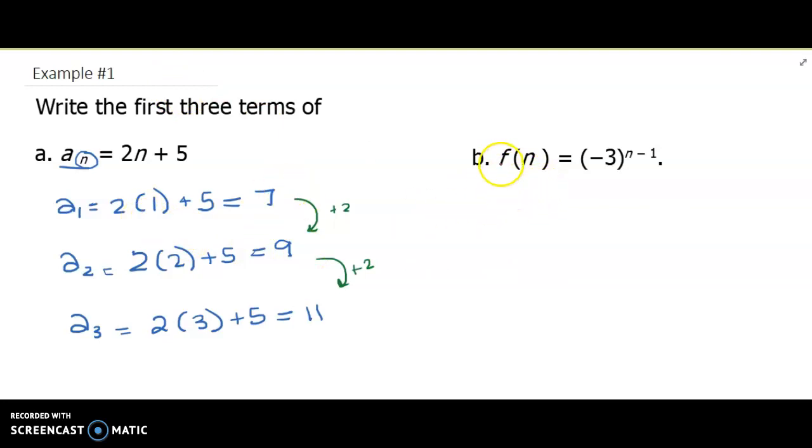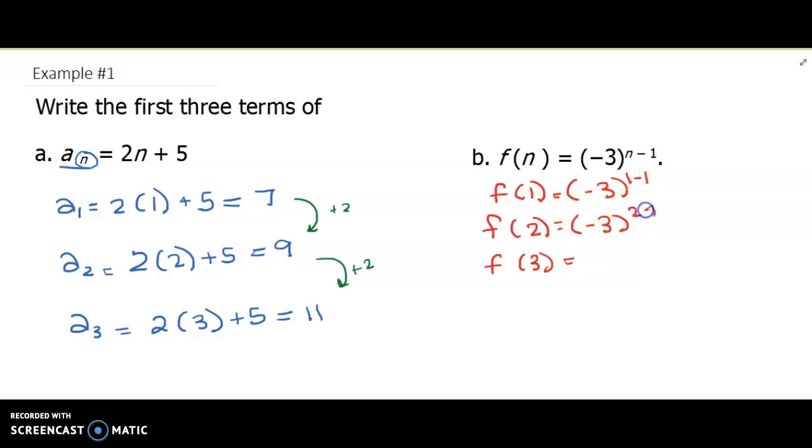Rather than having a sub n, it's just f of n, so we would find f of 1, f of 2, and f of 3. What that means is we just plug 1, 2, and 3 in for n, so this is negative 3 to the 1 minus 1, this is negative 3 to the 2 minus 1, and negative 3 to the 3 minus 1. So this is negative 3 to the 0 power, and anything to the 0 power is just 1.